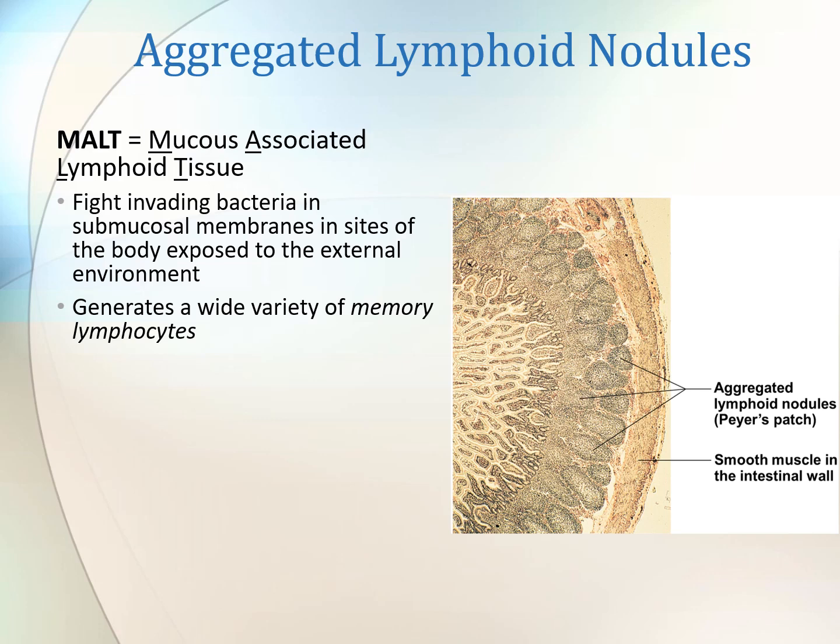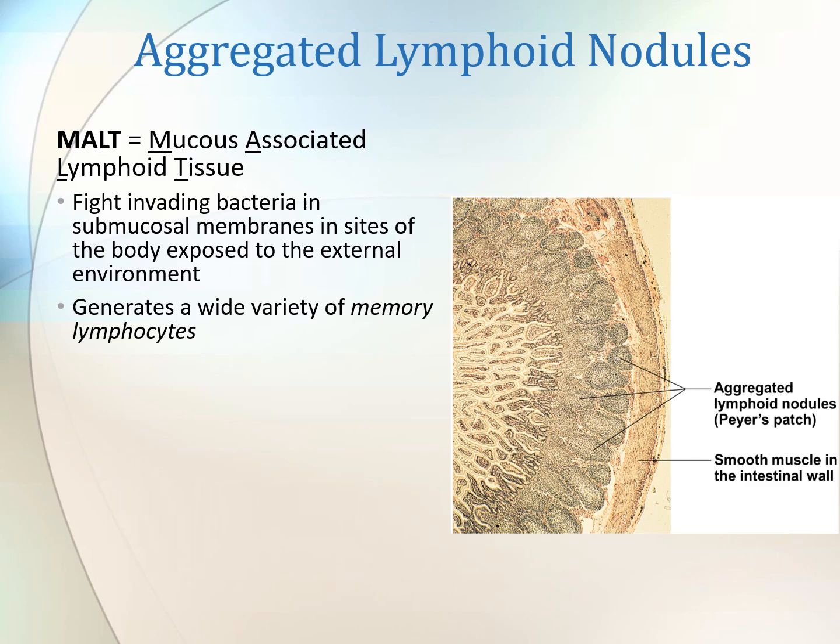Now, these really aren't organs per se, but these are aggregated lymphoid nodules, meaning in other tissues, such as mucous membranes, there's going to be these little nodules of lymphocytes sitting there in the tissue, in the mucous membrane, waiting for that antigen.